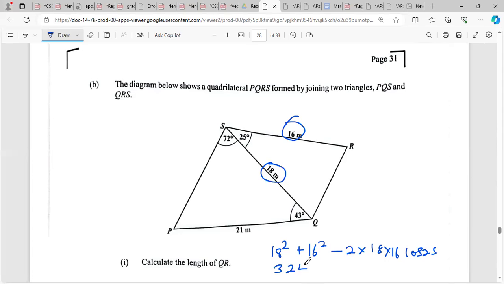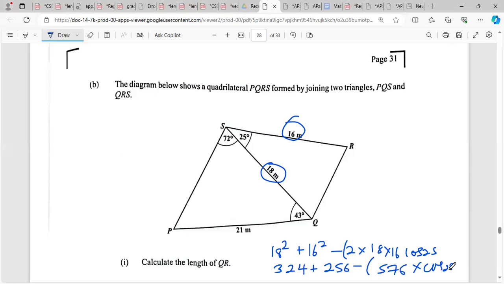And then 16 times 16 gives me 256. So we have 256 minus all of this. 2 times 18 times 16 gives me 576. So work out the bracket part first, 576 times cos 25.